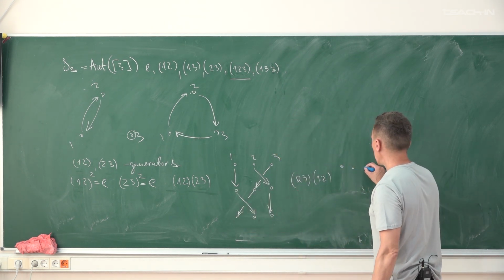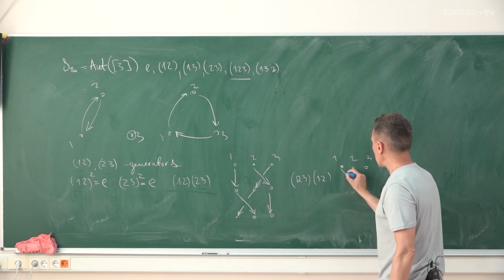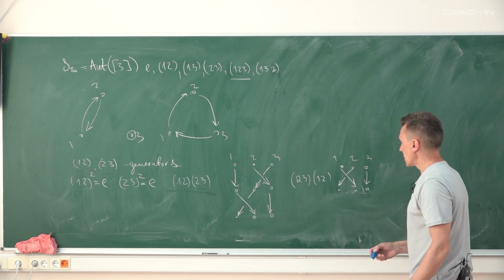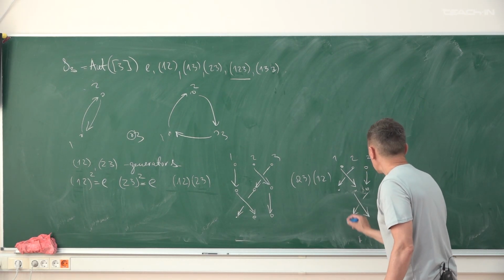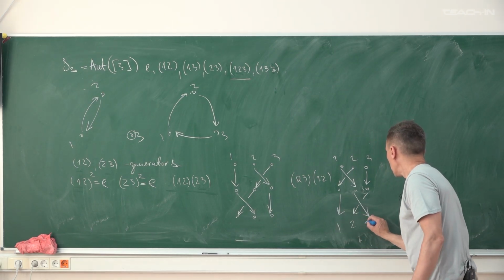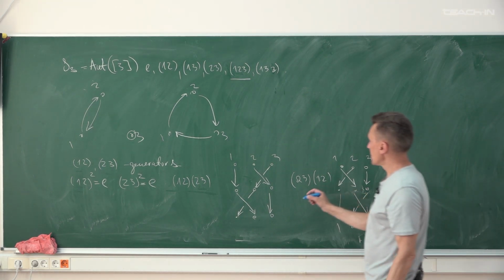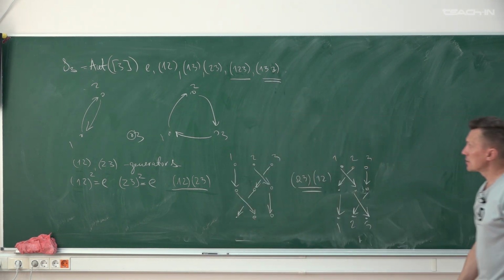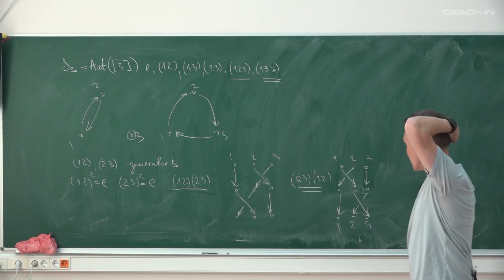So if we take the same notation, first of all we get the transposition of 1 and 2, which stabilizes the element 3, and then (2,3) exchanges 2 and 3. And this is the second cycle, the full cycle. What is important in this?